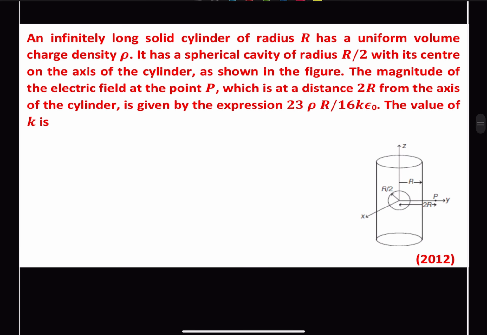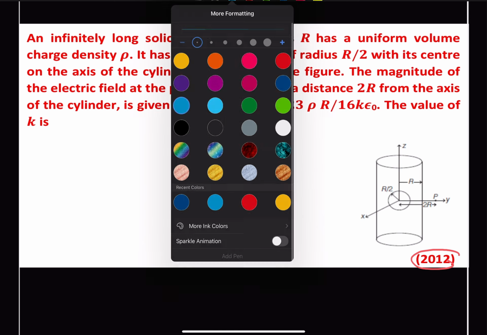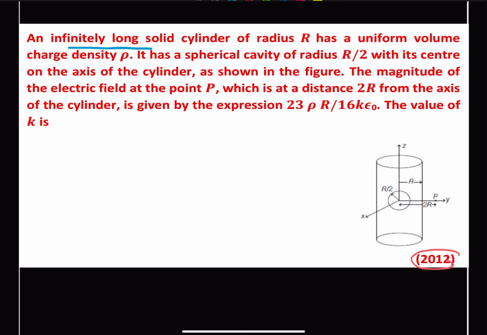It was asked in the year 2012 and it states that an infinitely long solid cylinder of radius capital R has a uniform charge density of rho. It has a spherical cavity of radius R by 2 with its center on the axis of the cylinder as shown in the figure.